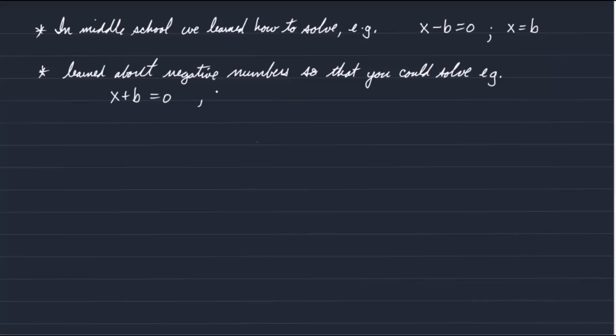Right? So this gives x is equal to minus b. So we learned that numbers live on the positive axis as well as on the negative axis.